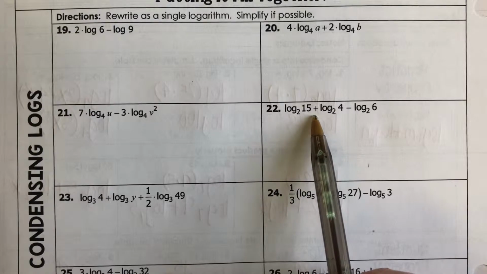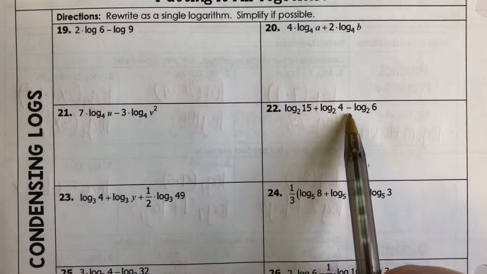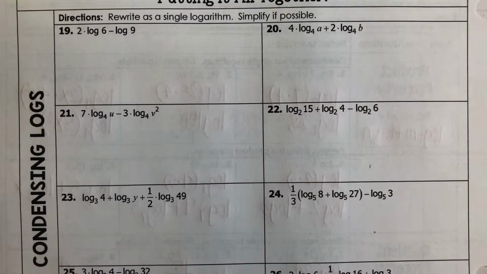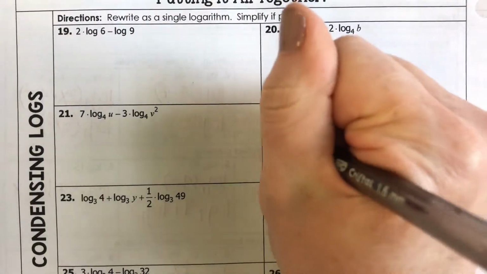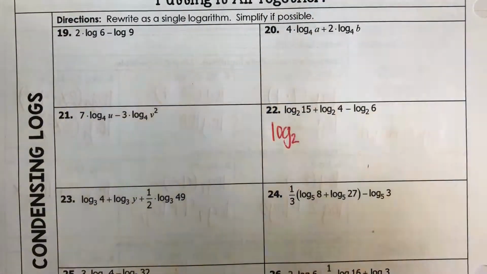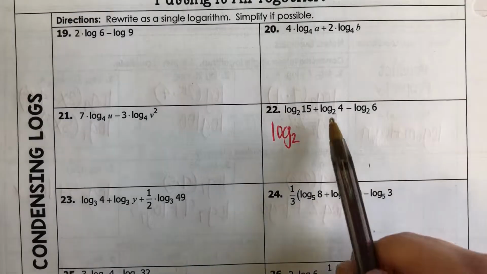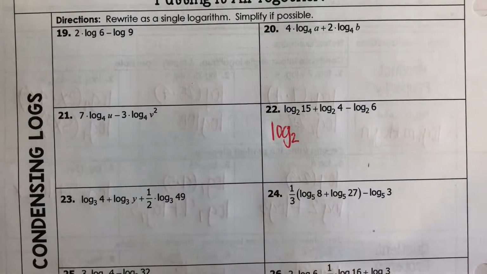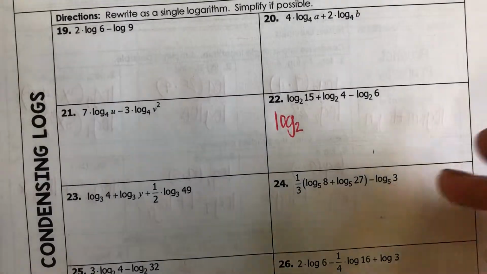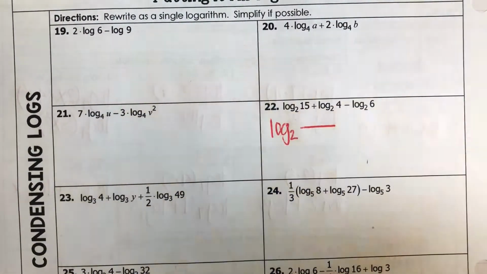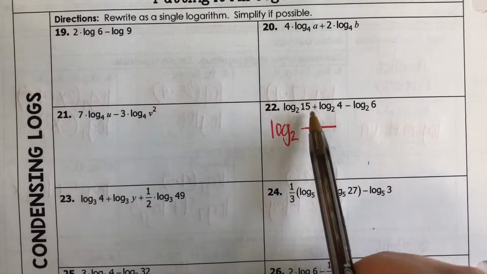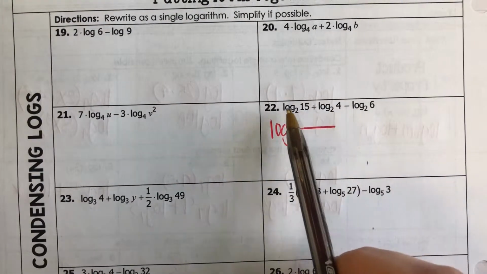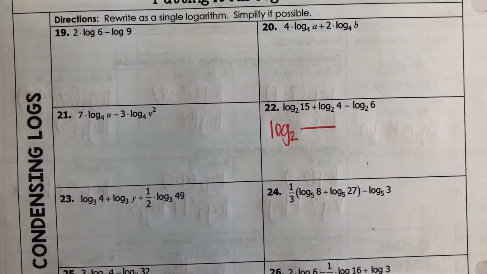So right here, I've got some addition and I have some subtraction. And I have to be able to put all of those things together. I have to be able to condense it into 1. So I have log base 2 for every single one of them. I've got some addition, which means I'm going to multiply numbers. And I have subtraction, which means there's going to be a fraction. So I'm going to go ahead and draw my fraction bar. Now, both the 15 and the 4 follow a positive logarithm.